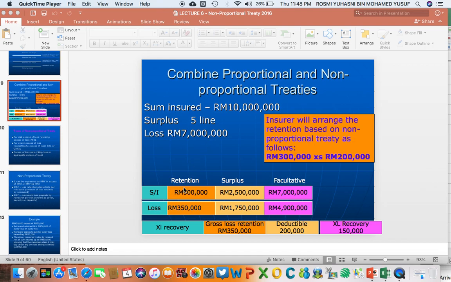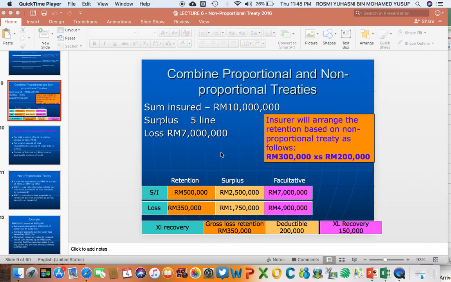Let's say the insurer has decided that they will retain per risk up to 500,000, meaning that 5 lines equal 5 times 500,000, which is 2.5 million. So we know that surplus has a capacity of 2.5 million.